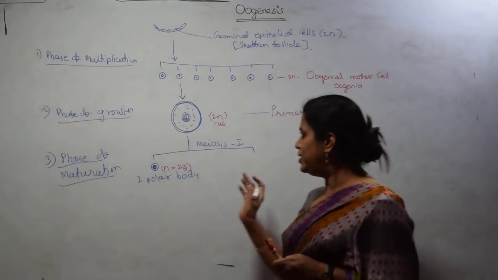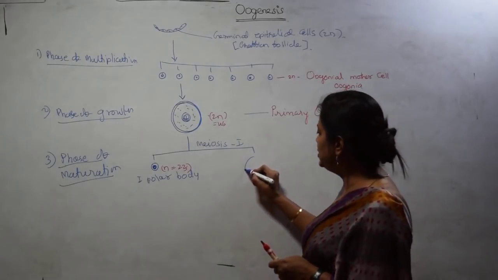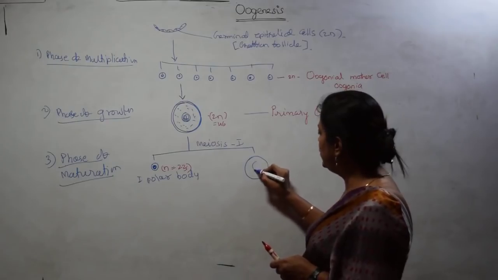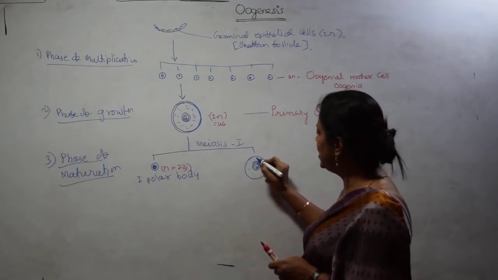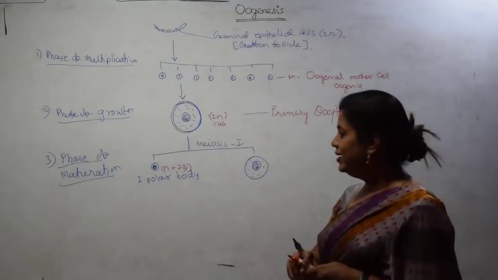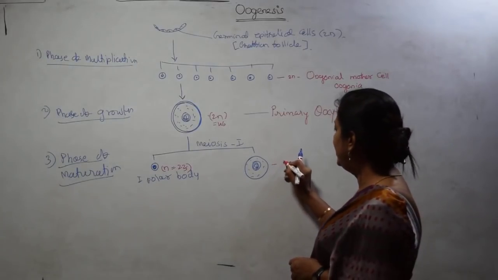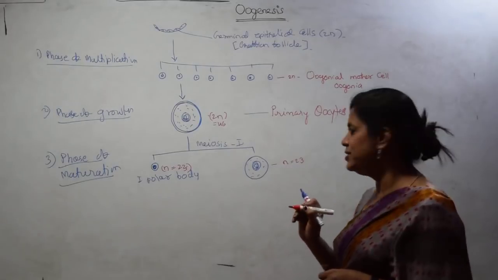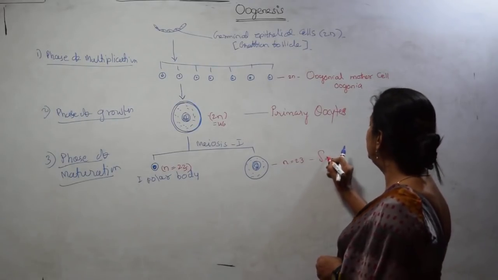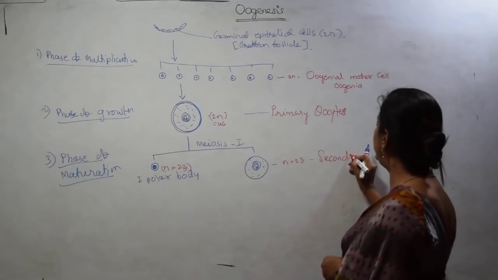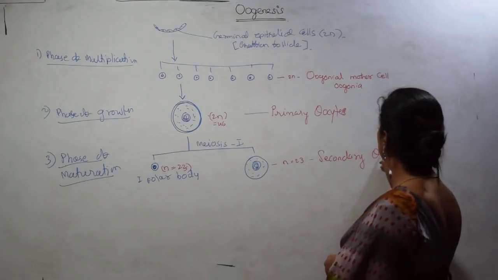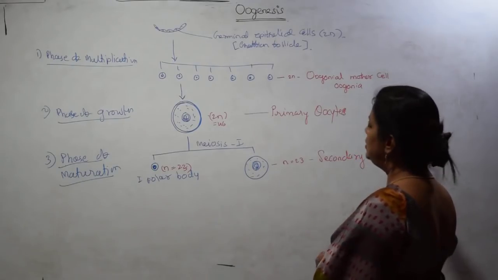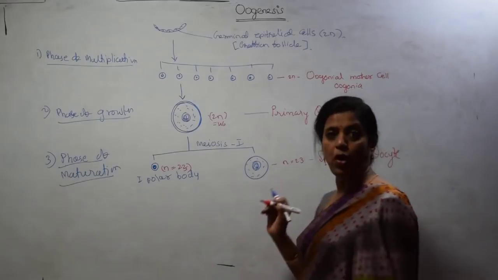Now, on the other side, a large cell is formed which contains the haploid nucleus and all the nutrients in it. This is also haploid, n equal to 23. But this is a functional cell. We call this the secondary oocyte. This is the secondary oocyte having haploid condition.